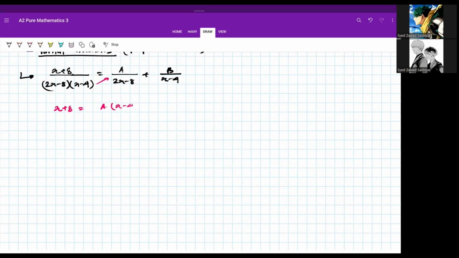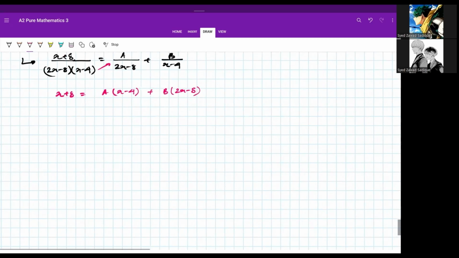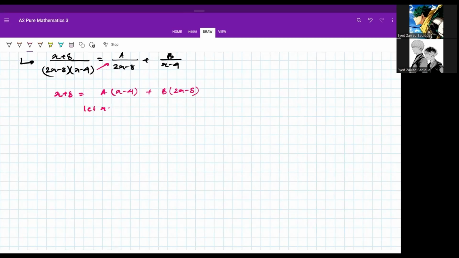Now, you insert a value of x. For example, let x equal 4, so B is equal to 0. Find A, and vice versa, the other way around. So that's how you do it.